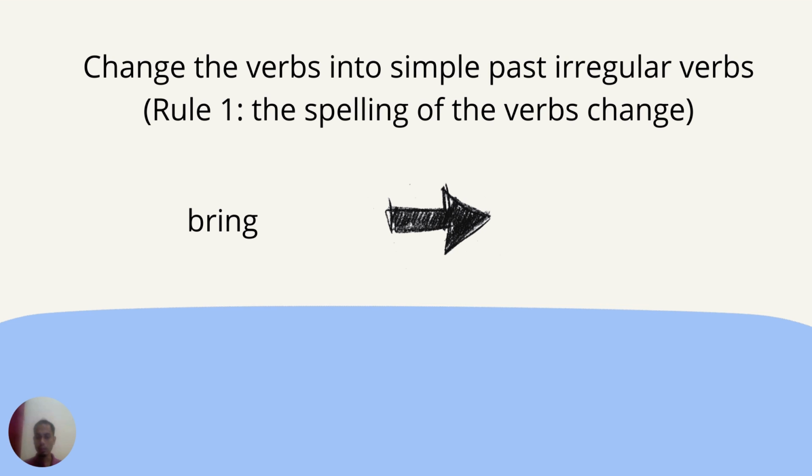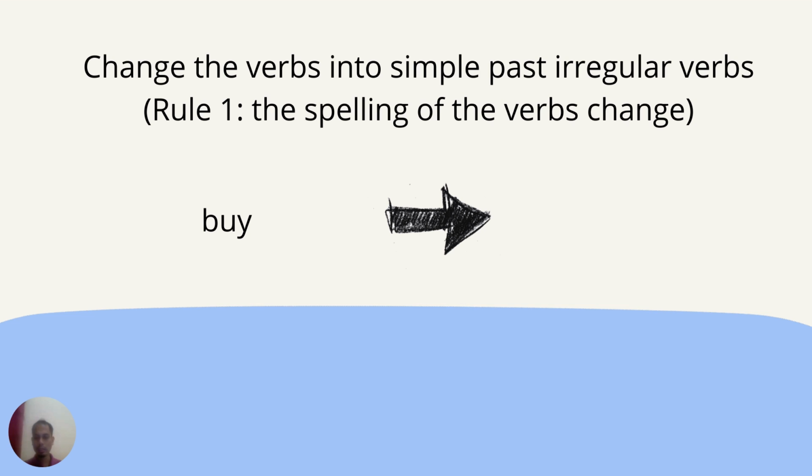So what's the answer, class? All right, good. The answer is brought. Repeat after me, class. Brought. All right, good. Next, the verb buy. Can you guess the answer in past tense form? What is the past tense form for buy?